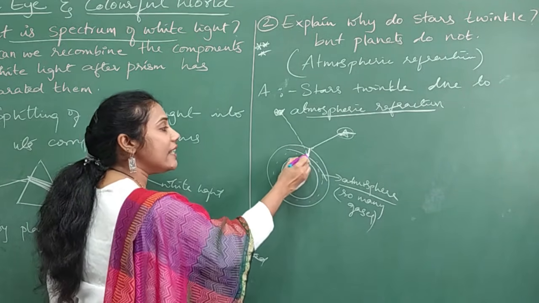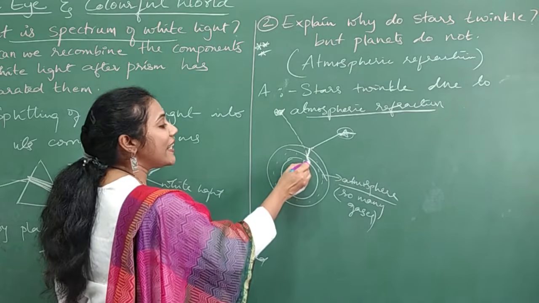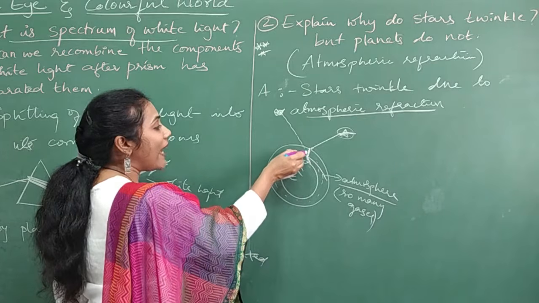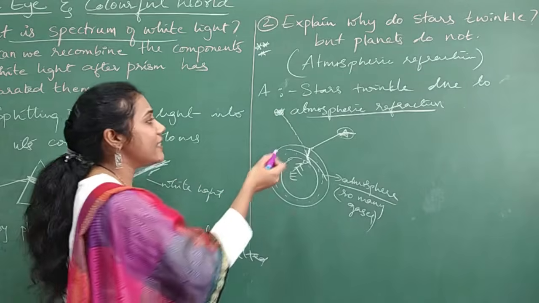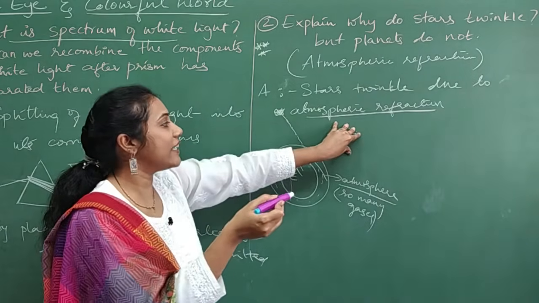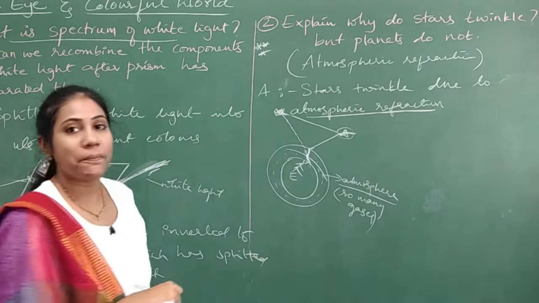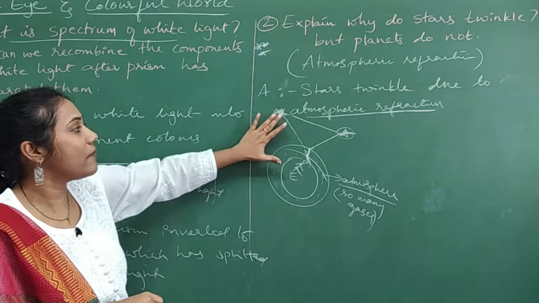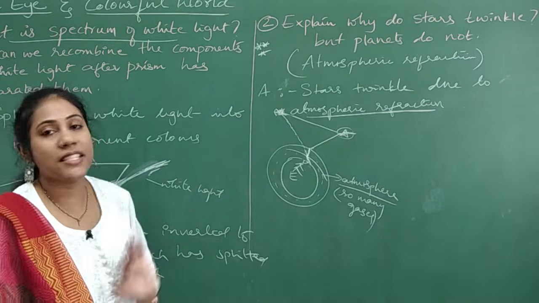So various levels of refraction is occurring, and finally the refracted ray is what reaching your eye, right? So when you project back that refracted ray, that is where you can see the star. Exact position of star is here, but you are observing your star in this position. Okay, you are not observing it in exact position. You are observing somewhere here. This is what we call apparent position of a star.